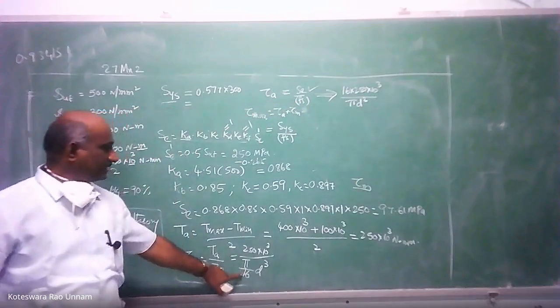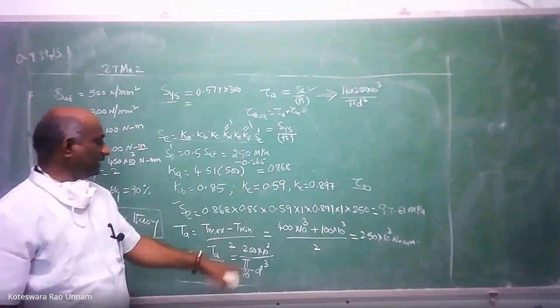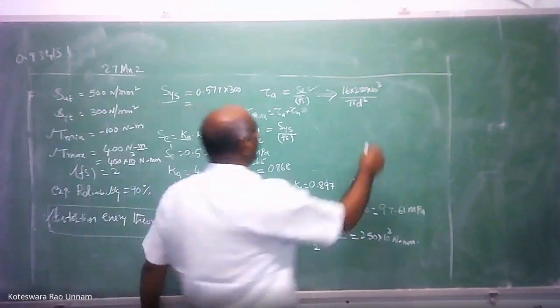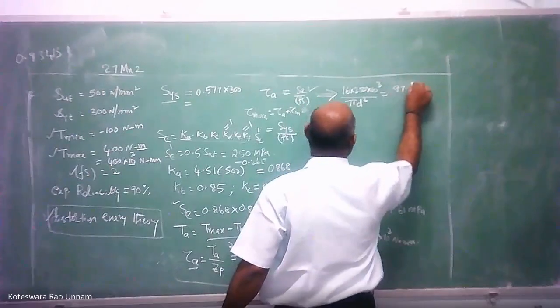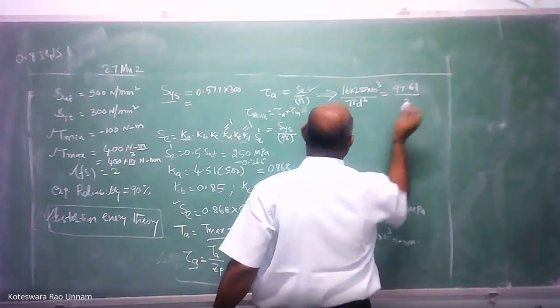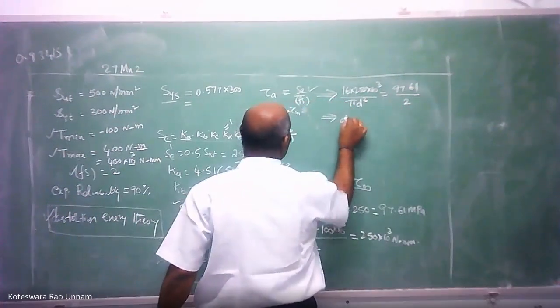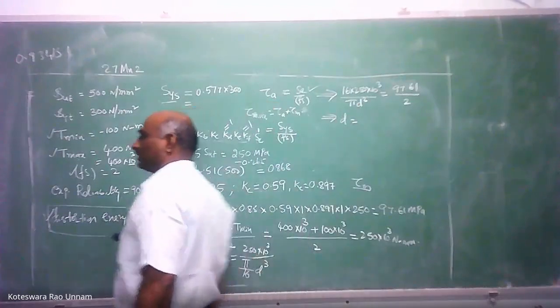I brought this 16 to the numerator, that is the only thing I did there. This is equal to your Se, 97.61, divided by the factor of safety, 2. Now solve this, and from this you'll get the d value.